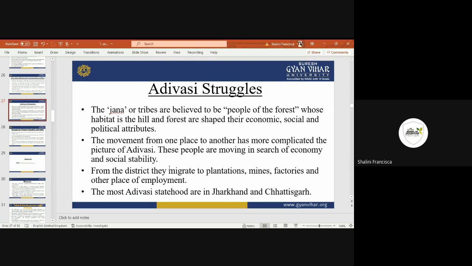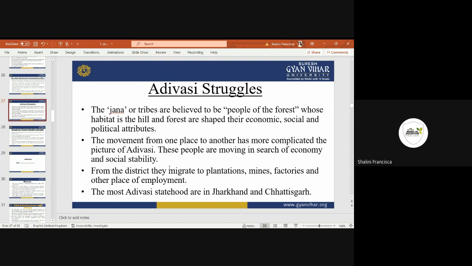Then mines are there. For livelihood, for economic and social stability, they go for coal mining or iron mining or any type of mining. If you look at Bokaro, the steel city, there are so many people working in the mines.